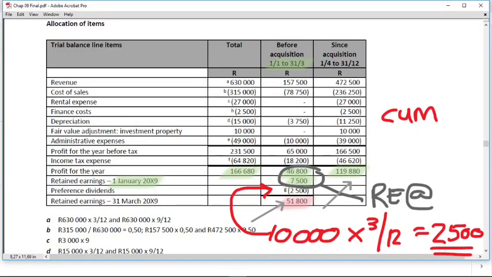When you are dealing with a situation where it's non-cumulative preference shares, this portion that you move out, the 2,500 in this example, will only happen if the preference dividend was also declared in that year. And because you will perform the consolidation process at the end of the year, that information will already be available.